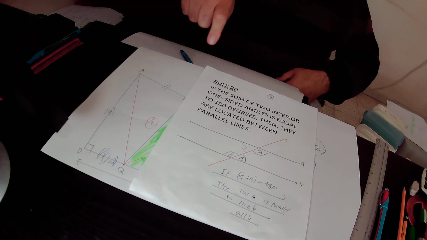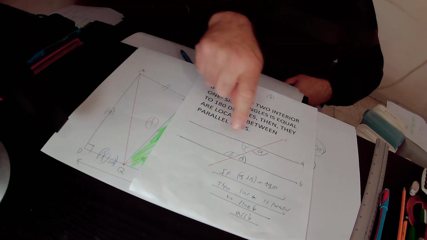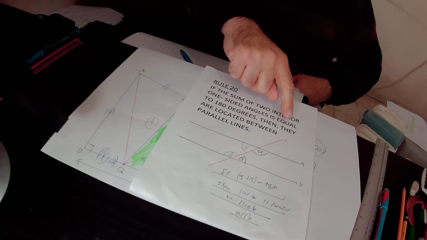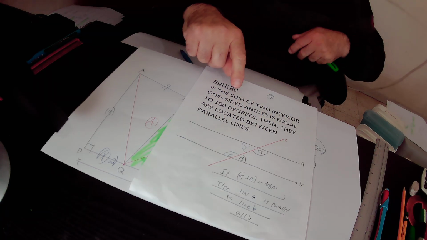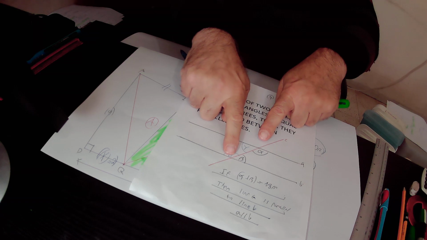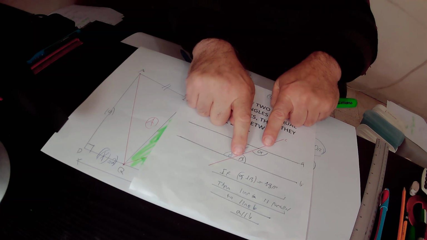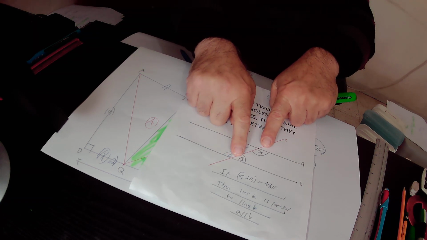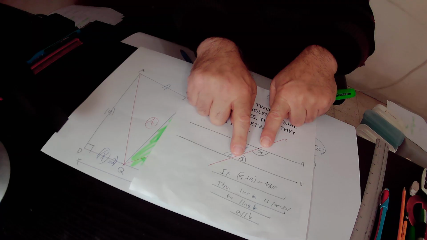In the drawing, we have line A, this is line B, and this is the red transversal C that cuts those two lines A and B at those two points. Those two angles, alpha and beta, are both defined as one-sided interior angles. So if alpha plus beta equals 180 degrees, then they must be located between parallel lines.